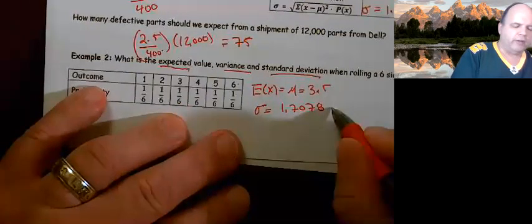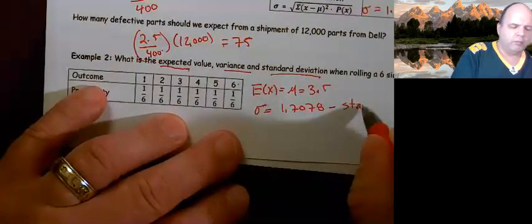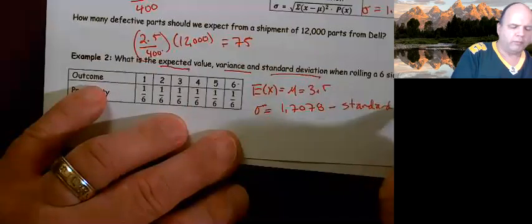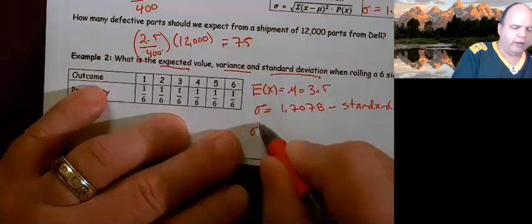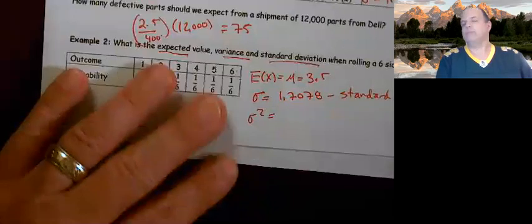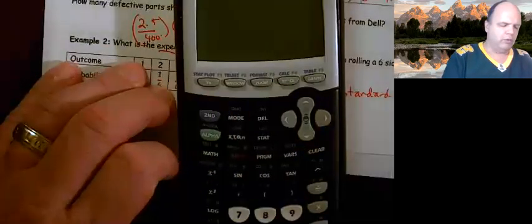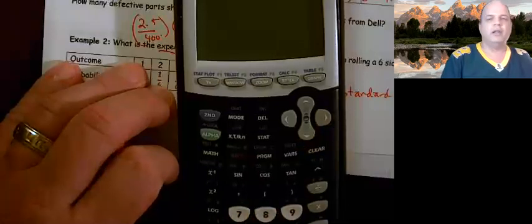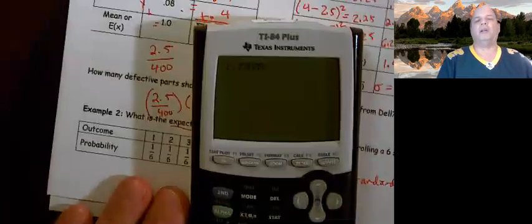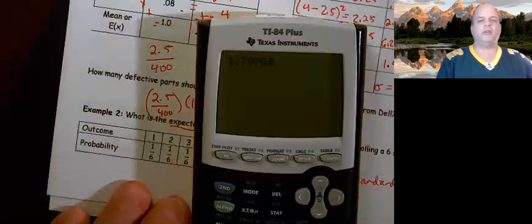So this is my standard deviation. And then we need my variance. I input 1.7078 in the calculator, and then I'm going to raise it to the second power.